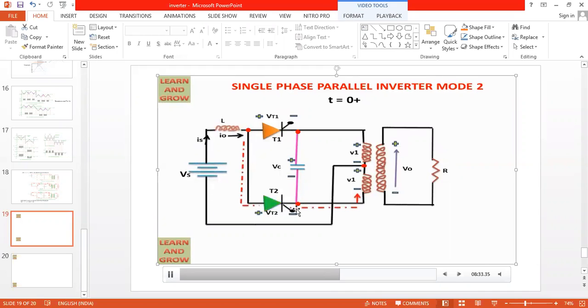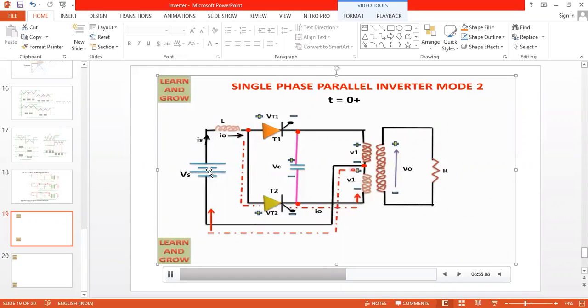So no current can flow through the capacitor. Current flows through the lower winding, and from the lower winding to the common point, and from the common point, there is no connection. All of you, while drawing the circuit, just draw your curve. There is no connection here. So in mode 2, the firing pulse is given to SCR T2.